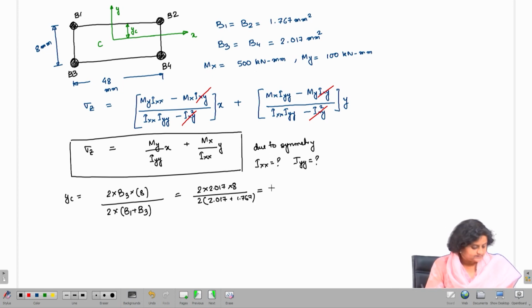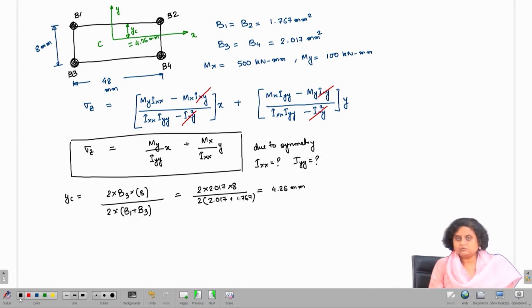If we calculate this, this will be 4.26 millimeter. Therefore, YC that we have written here is going to be 4.26 millimeter from the top flange.